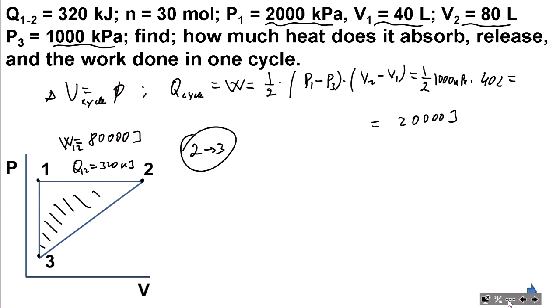So this amount of heat should be equal to the change in the internal energy plus the work done during this process. So let's do it step by step. The work, that's easier to do because we just have to calculate the area of this trapezoid.